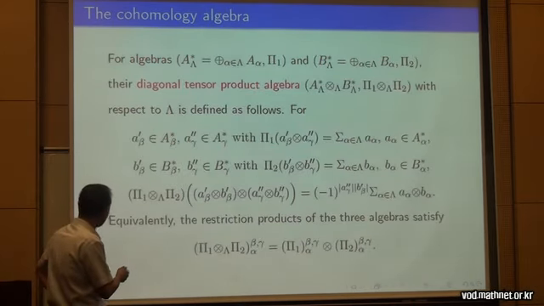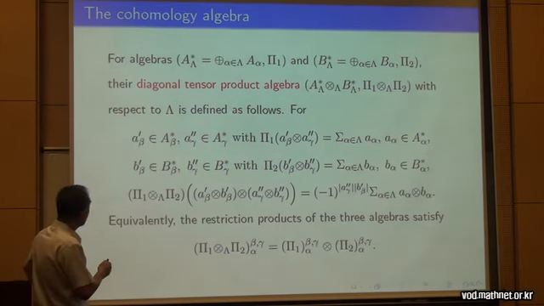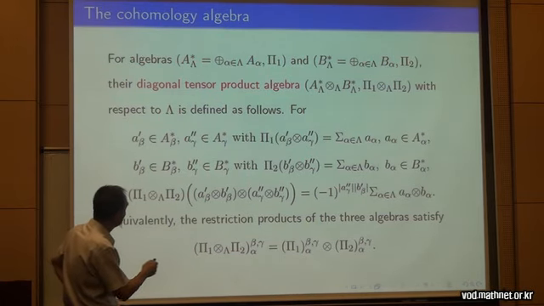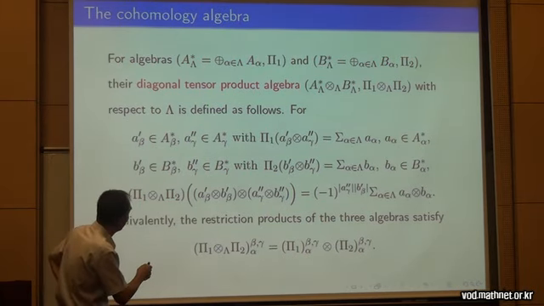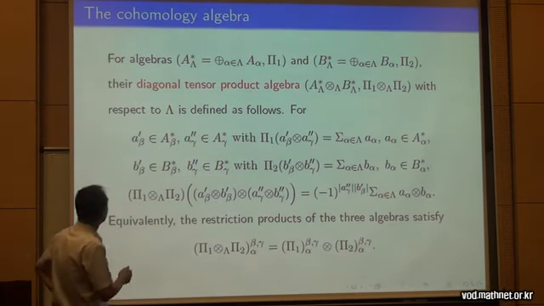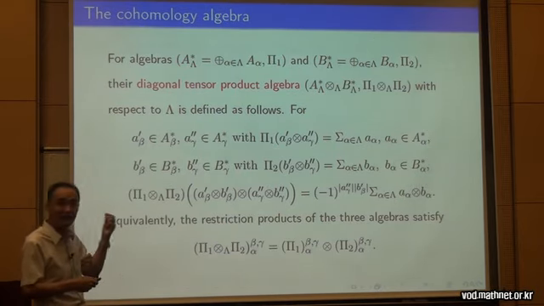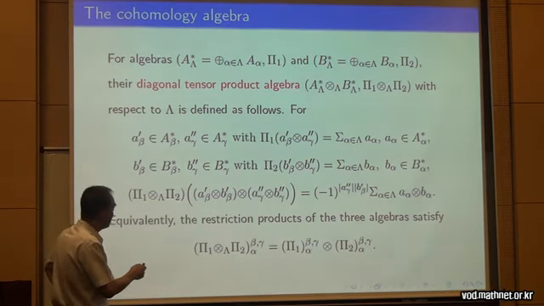Now let's see the diagonal tensor product of two algebras. Sorry, I forgot, there should be a star here. For two algebras that are direct sums of groups, we define their diagonal tensor product.